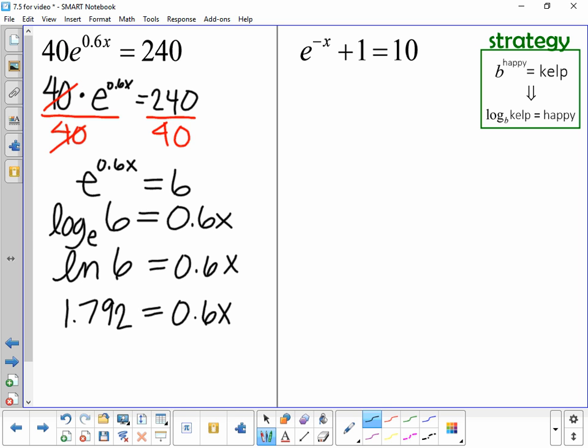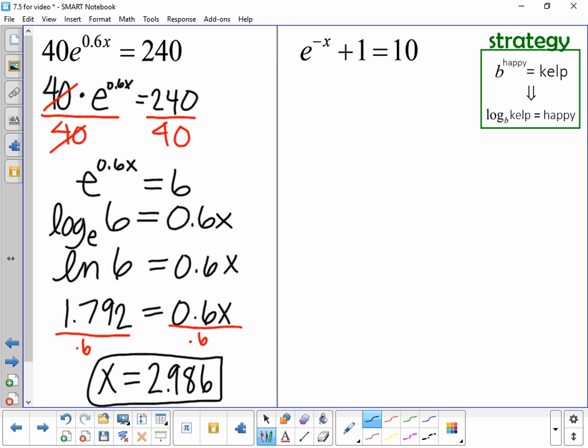So if I want to solve for x, I just need to divide by 0.6. So we come up with the solution that x is equal to 2.986. If you ever want to make sure your answer is correct, you could always substitute it into the initial equation and see if it actually works.